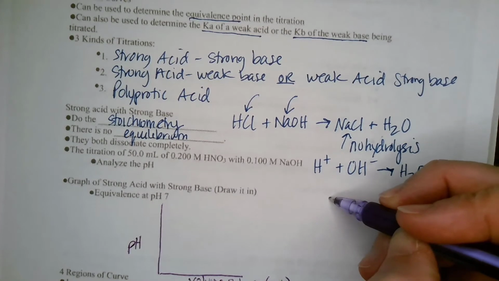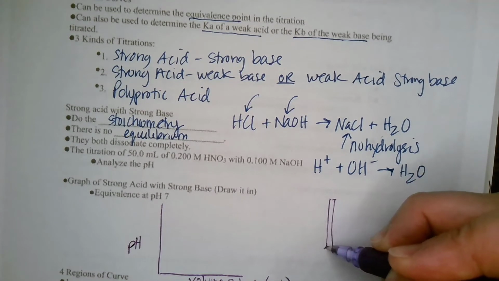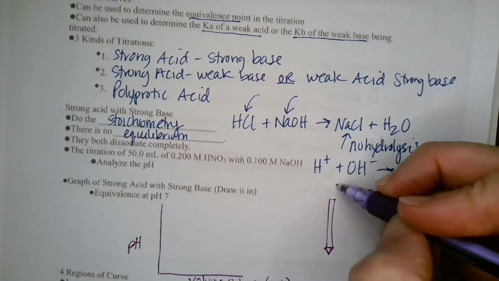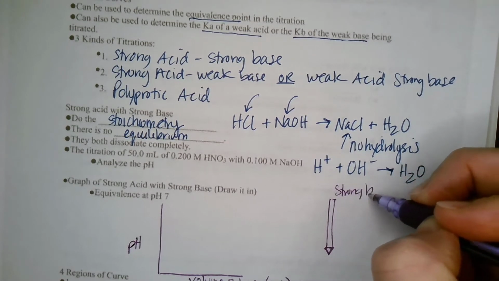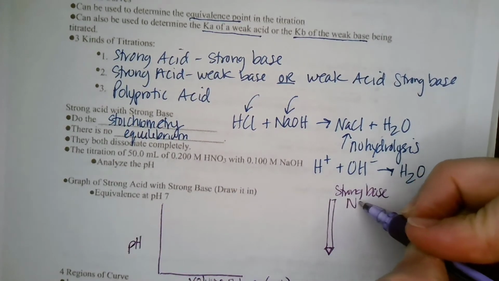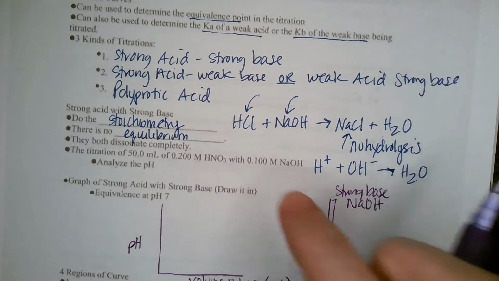So in our burette, there's a little tip of the burette, we have our strong base, and we're told up here that it's NaOH, and that it is 0.1 molar.